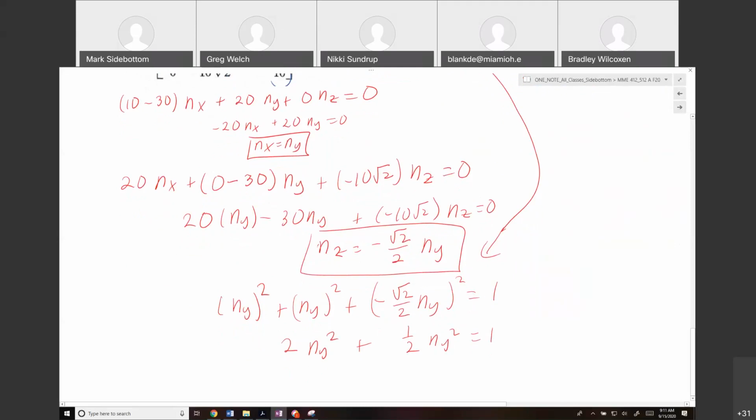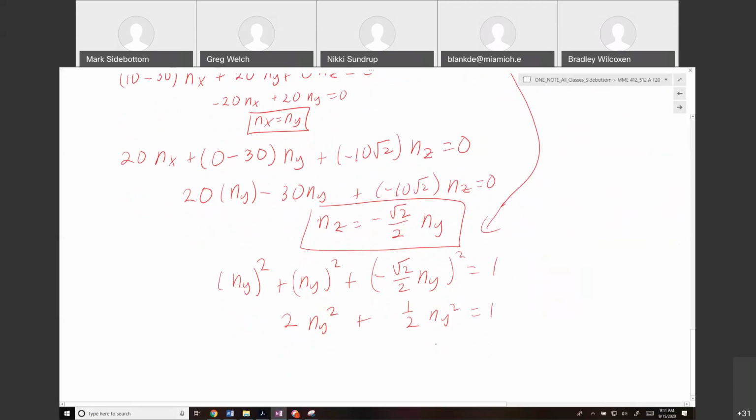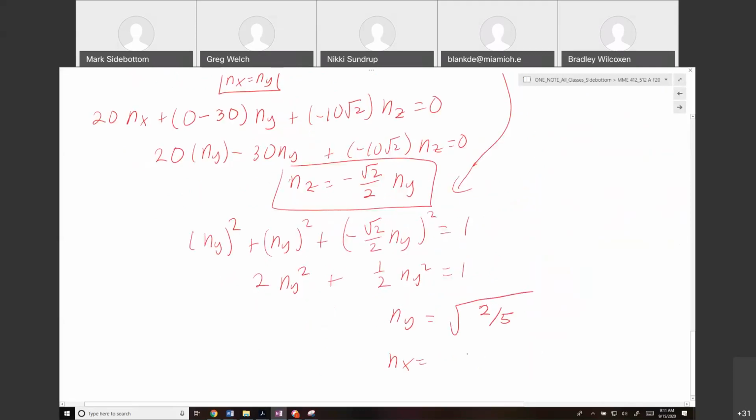So ny is going to be equal to the square root of 2/5. And then nx would be equal to the square root of 2/5.